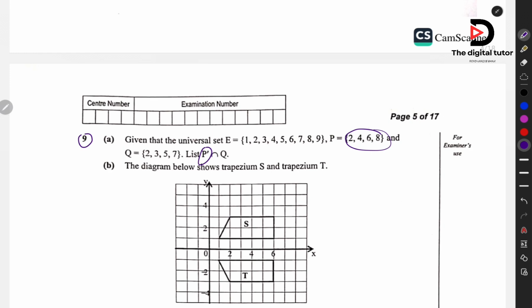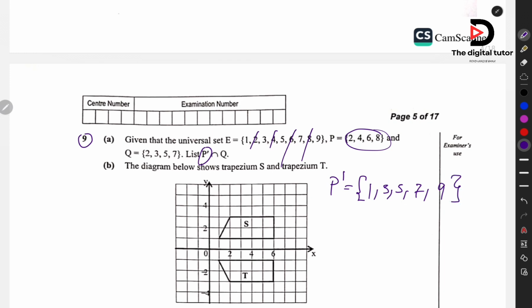So from the universal set, we cancel out 2 because it is part of P, since we are looking at P complement, so excluding P. 4 is part of it, 6 is part of it, and of course 8 is part of it. So whatever remains, that is our P complement. So we have 1, 3, 5, 7, 9. So this is what is in the P complement.